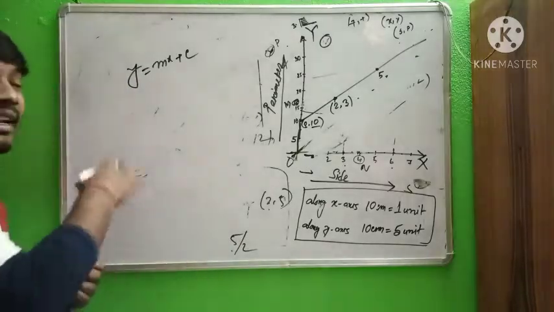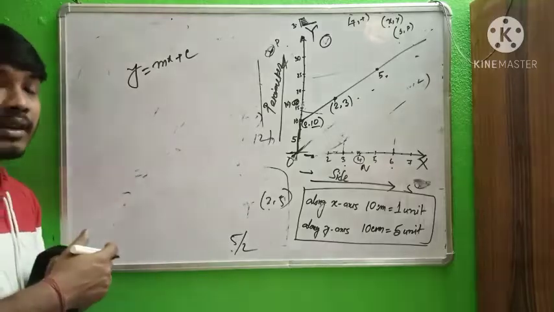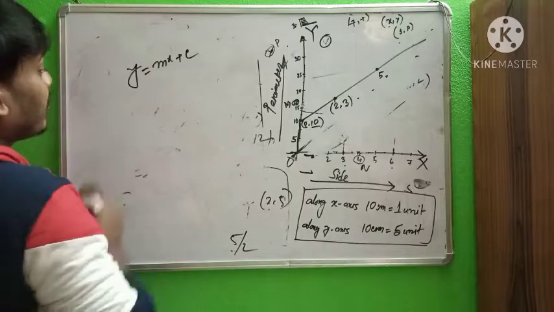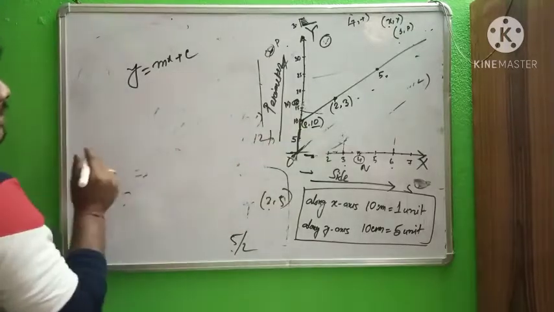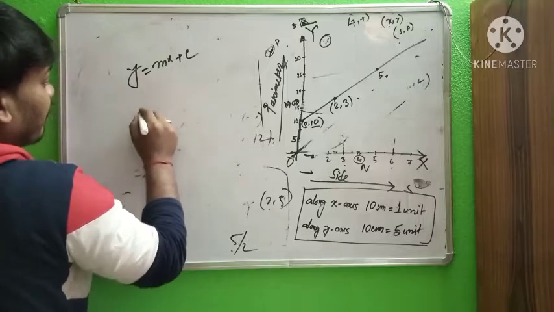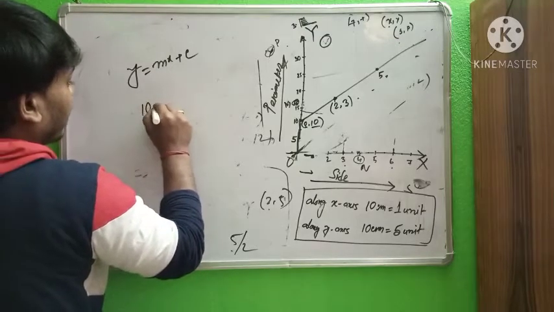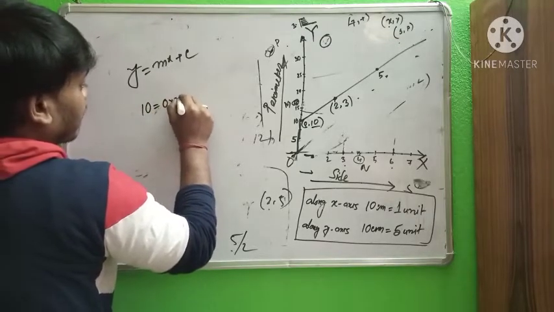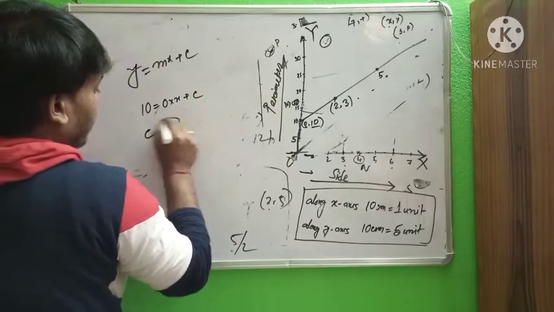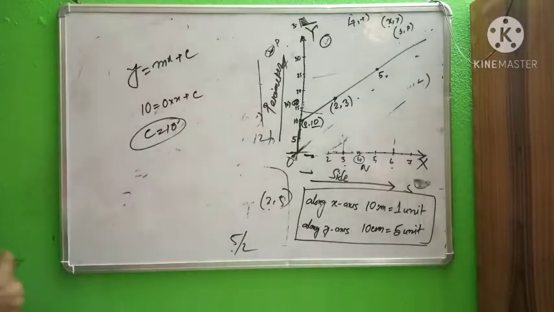Otherwise you can directly write the values. So 0 comma 10 satisfies it: we put x equal to 0 and y equal to 10, so 10 equals 0 times m plus c. So the value of c equals 10.